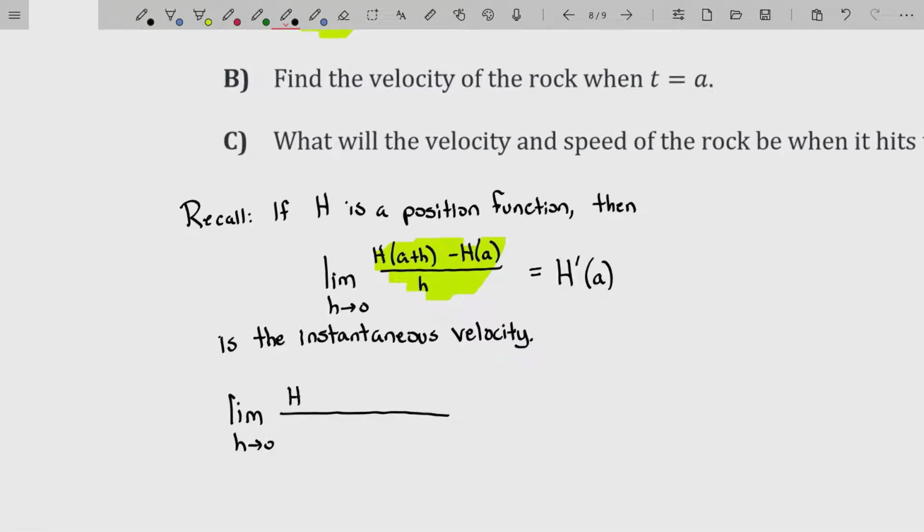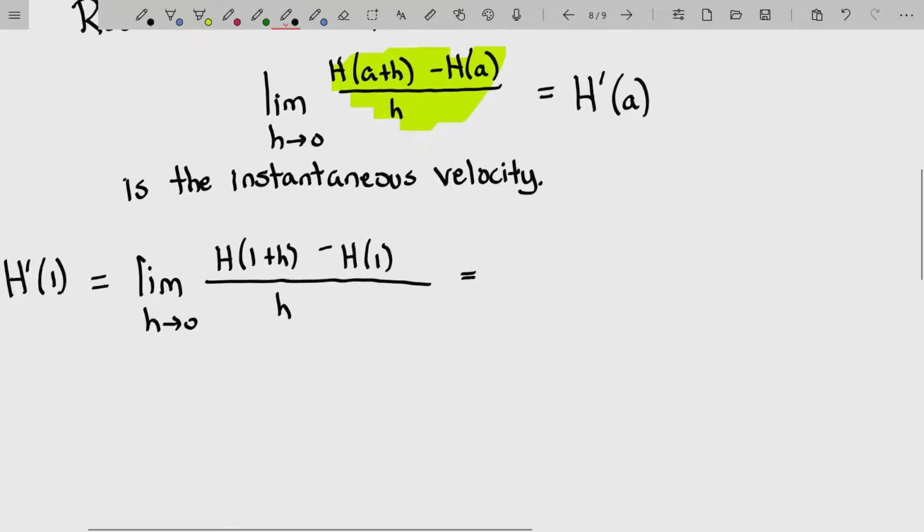So plugging in 1 plus h minus H at 1, all over little h. Remember, that's actually the derivative of H at 1, or in other words, instantaneous velocity at 1. You cannot use direct substitution because that just won't work right now. It causes division by 0.